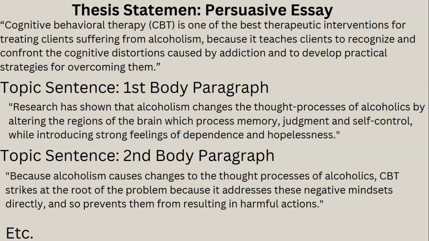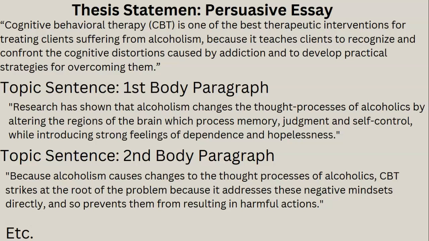Then you would spend the rest of that paragraph talking specifically about what research you're referring to, and providing more details for how alcohol dependence changes the brain of alcoholics, what specific thought processes it alters, and just providing more detail, providing more examples, fleshing things out a bit.